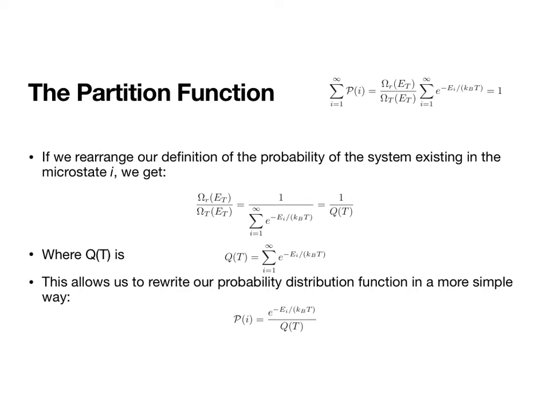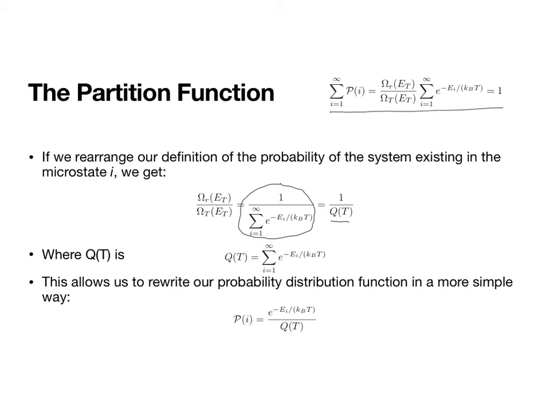Okay, so if we rearrange this expression that we've set equal to 1, we find that this fraction of the microstates is equal to 1 divided by this weird summation. Well, if you haven't figured this out yet, the pChemist trick is when we have a really funky function that we don't like to write a lot, we give it a variable name.